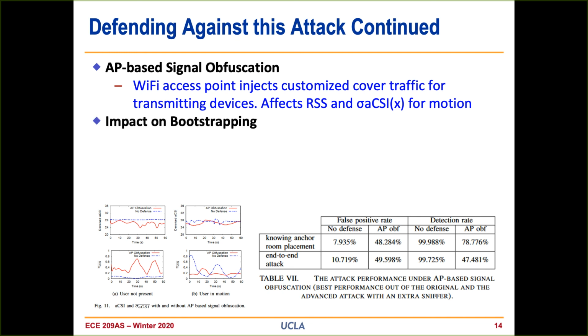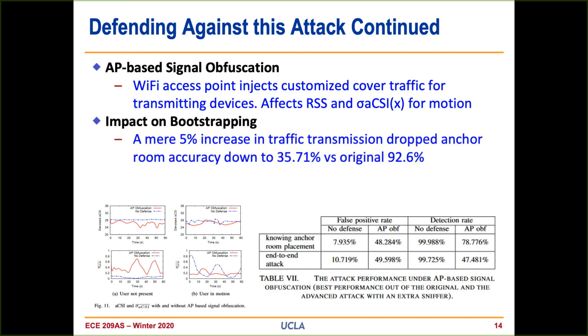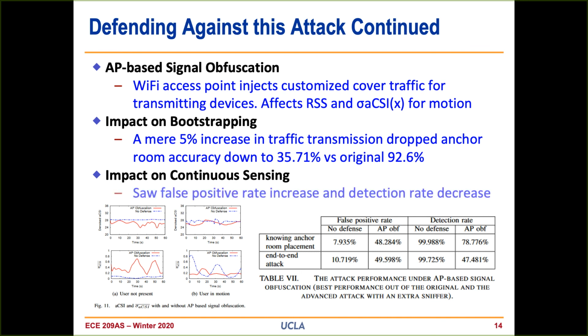In doing so, this has a serious effect on the bootstrapping, because a 5% increase in the traffic transmission ends up dropping anchor room accuracy all the way down to 35.7% versus the original 92.6%. There's a serious impact on continuous sensing as well, which causes a significant increase in the false positive rate and decrease in the detection rate, making this type of attack pretty much useless when this defense is being employed.